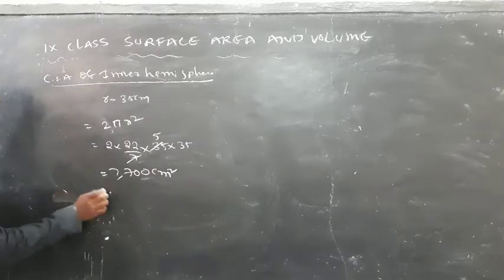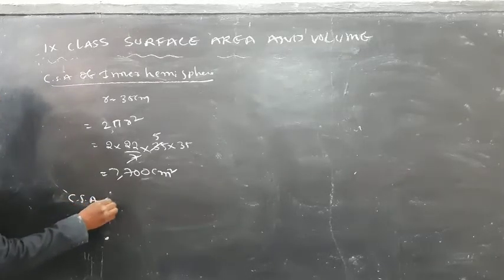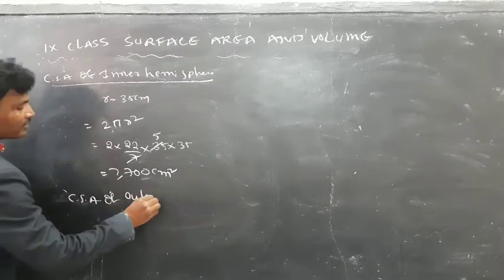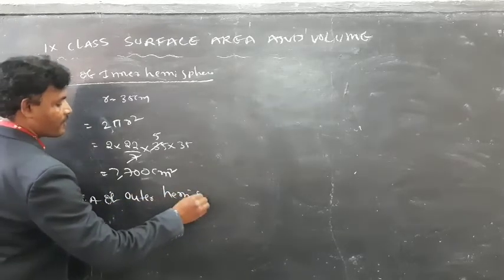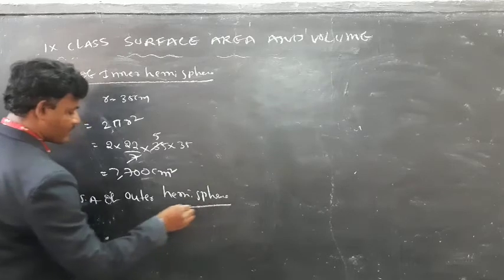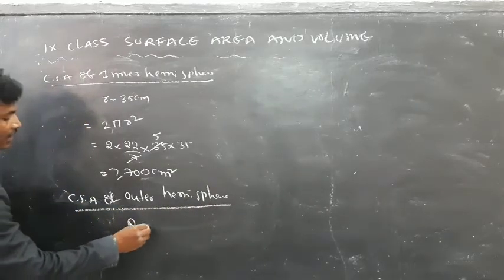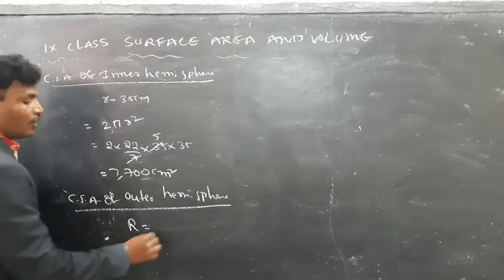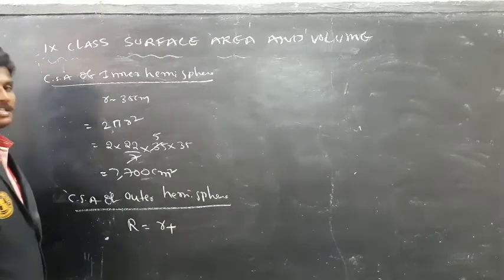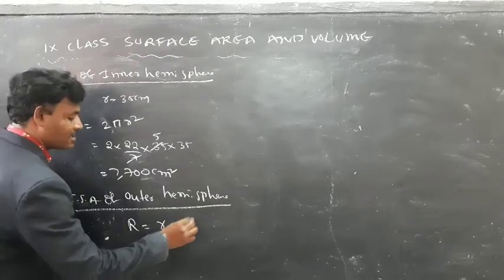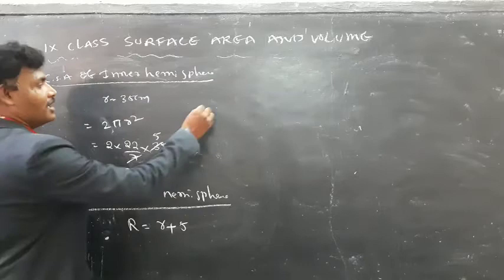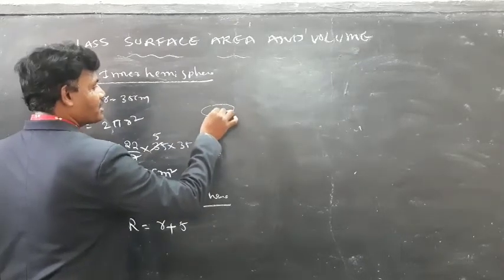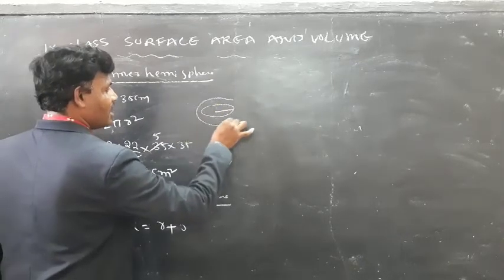Next I need CSA of outer hemisphere. To find the radius of the outer hemisphere, you have to add the radius and also the thickness. What is the thickness here? See here. This is the radius of the inner and this is the thickness.